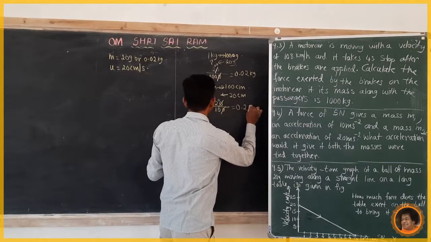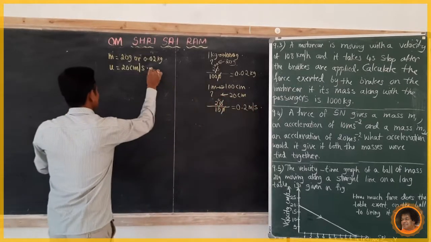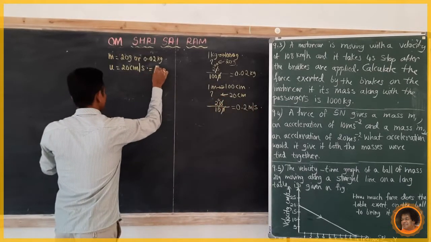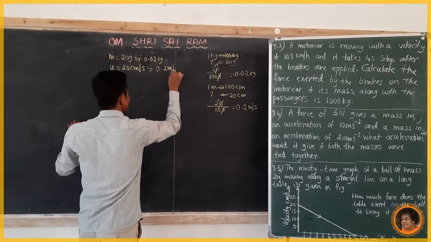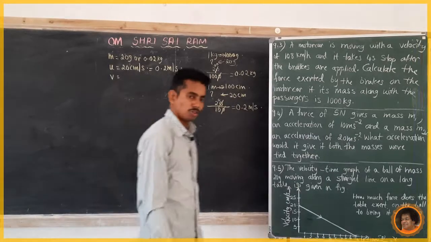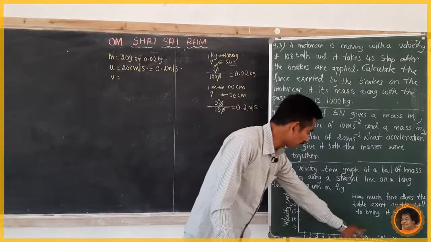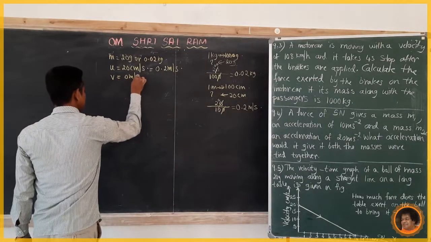So 0.2 meter per second. So we can write u as 20 centimeter per second or 0.2 meter per second. Now, what is v, the final velocity? It comes to rest. Come to rest means the final velocity is 0 meter per second.